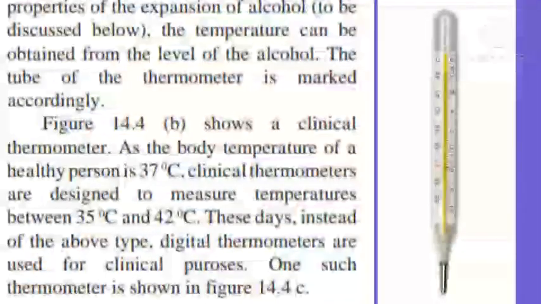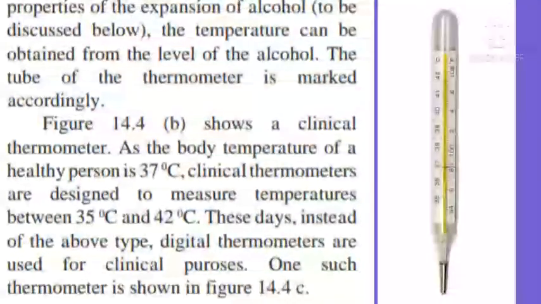Figure 14.4b shows a clinical thermometer. As the body temperature of a healthy person is 37 degrees C, clinical thermometers are designed to measure temperatures between 35 degrees C and 42 degrees C.